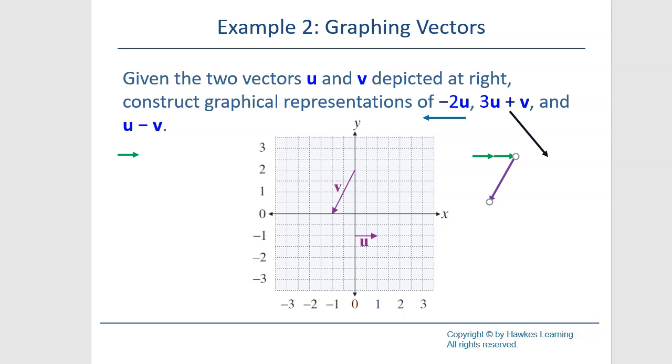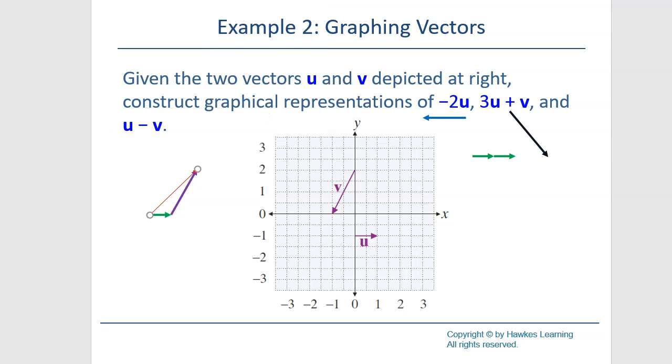So I'm going to click on here and just tell it to rotate this 90 and 90 again. And so now I have v back in the other direction. All right, so u minus v, so this is positive u, and from the tip end of that, I'm going to do minus v, and then I'm going to connect the back end of the u vector to the tip end of the minus v vector.